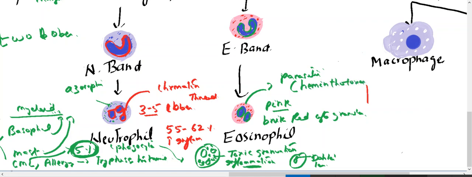That means it kills the parasite. As a result, the eosinophils in the blood are increased in any parasitic infections. Normally the eosinophil is 0 to 3%, so it may increase even to 50% in any parasitic infections. It can also be increased in adrenal pathology, in asthma, in allergy. Okay, so all those things, right?